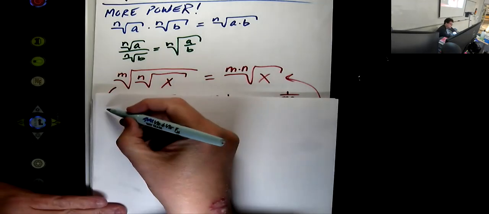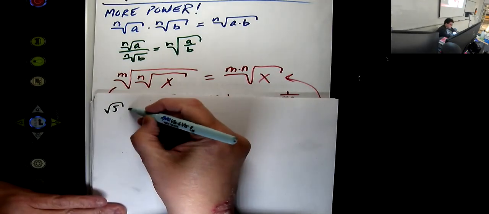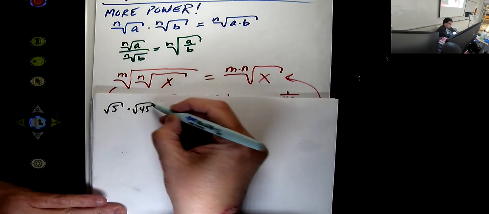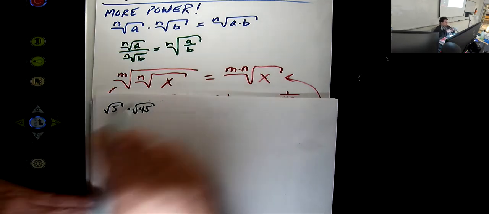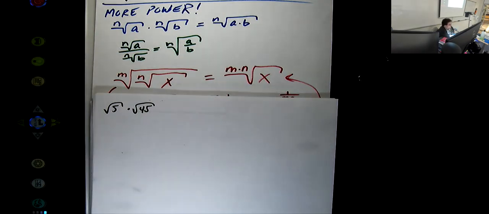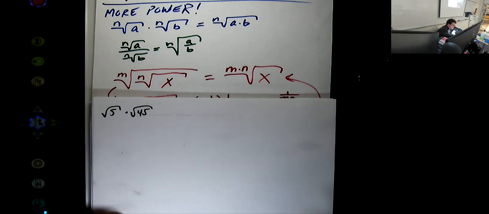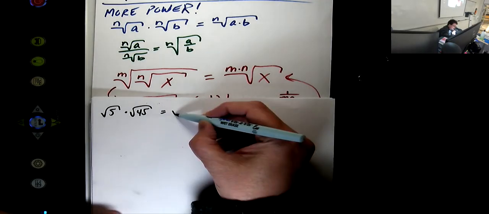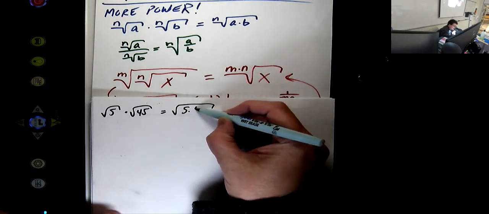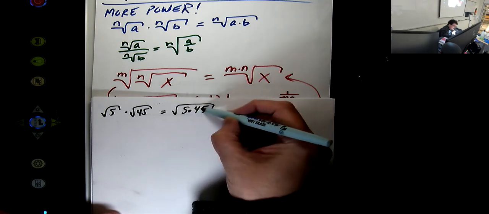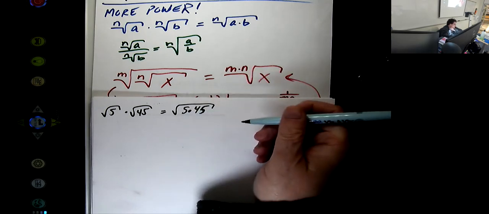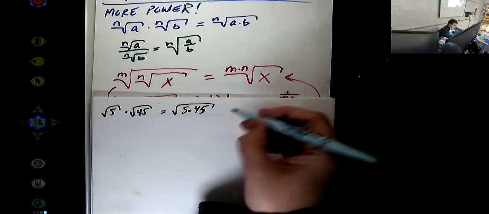Let's look at the square root of 5 times the square root of 45. This becomes the square root of 5 times 45. And I don't need a calculator for this, even though you're grabbing a calculator for this.